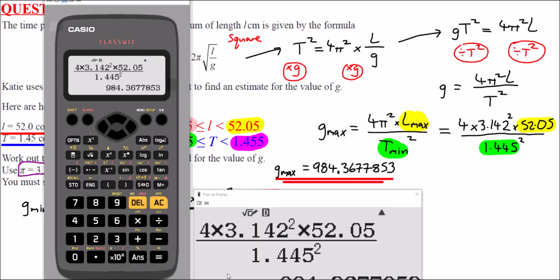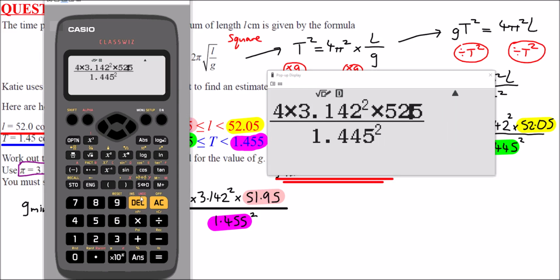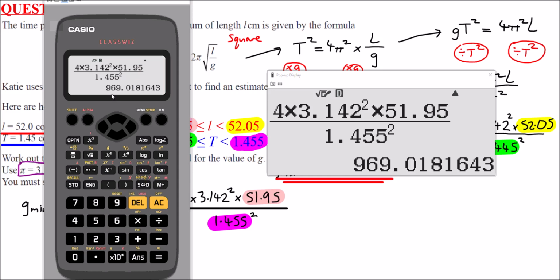So on the calculator we can just edit this actually. So pi is the same, 52.05 needs to change though to 51.95, like so. And the 1.445 needs to become 1.455, so I can edit this like so. Press equals, and we get an answer of 969.018.